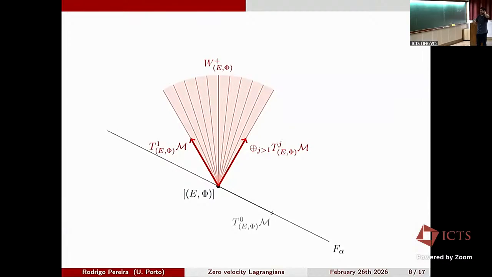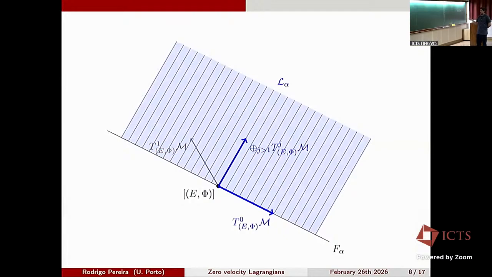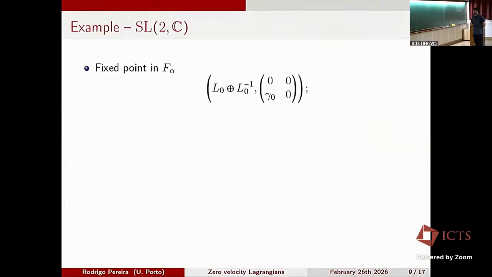Just to give a cartoon, you have your upward flow at a single point with all positive weights, but in order to go to our object, you swap weight 1 with weight 0, and you now get something which is smaller in the upward direction, but moves along the fixed point locus.